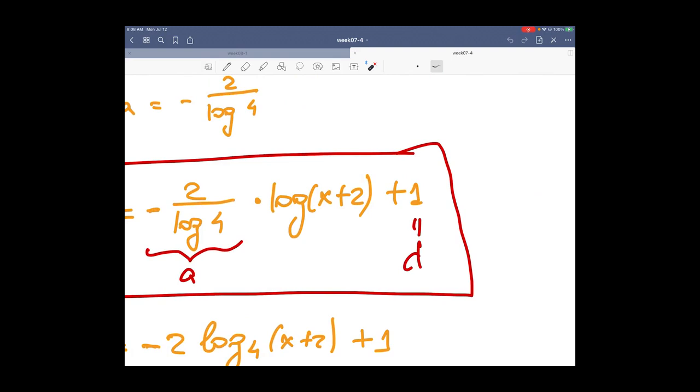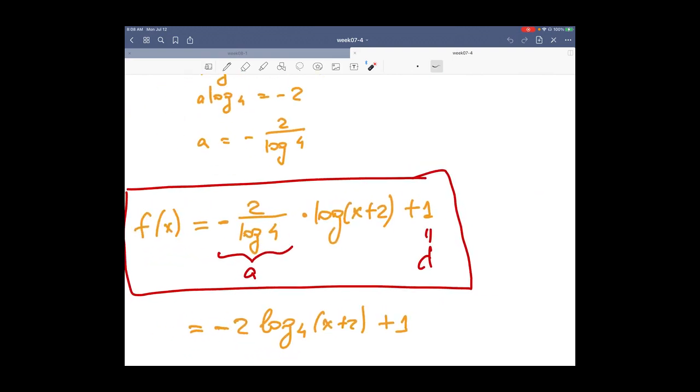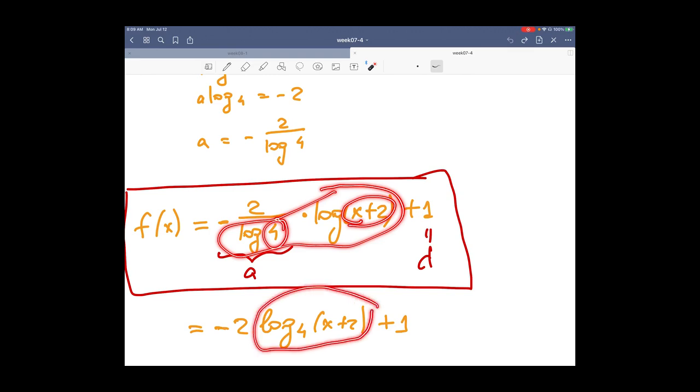Using the change of base formula, we were able to write this fraction as log x plus 2 base 4 and get rid of the log base 10. It simplified the expression slightly.